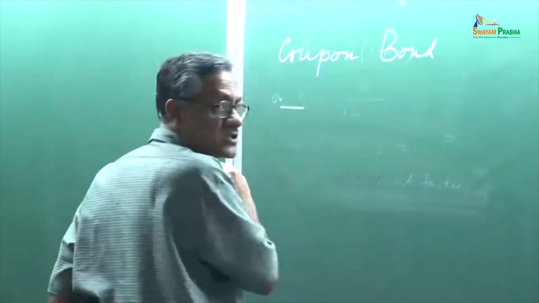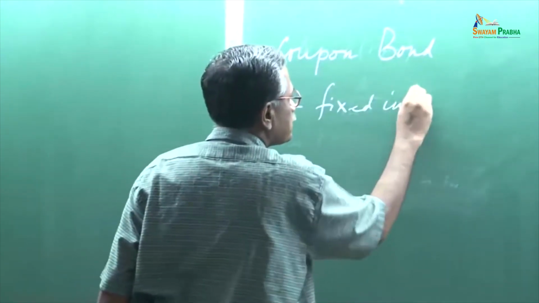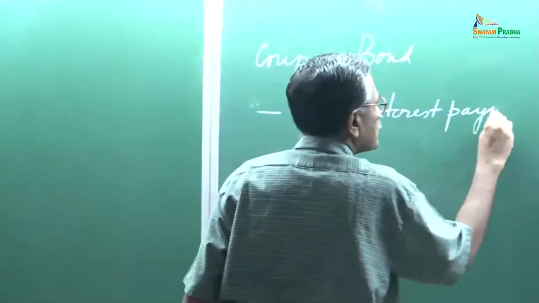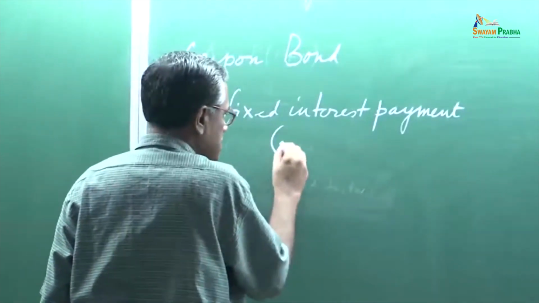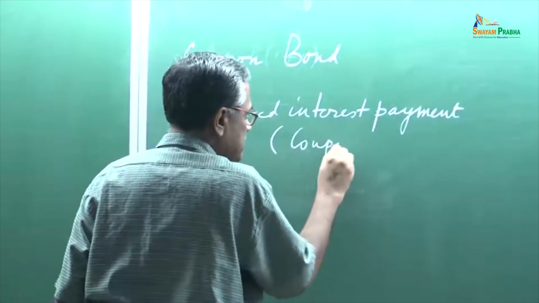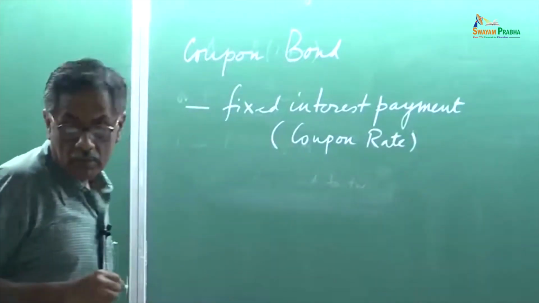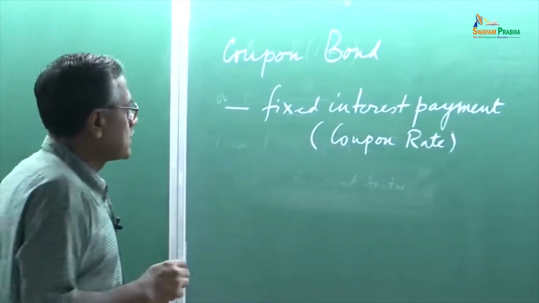A coupon bond has features like a fixed interest payment, which is also known as the coupon rate, or the coupon payment. All right.